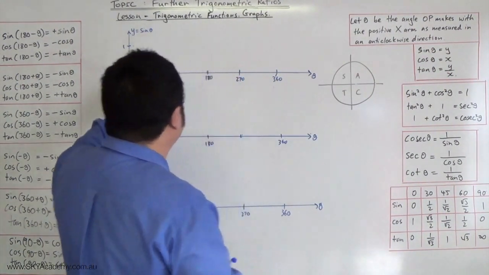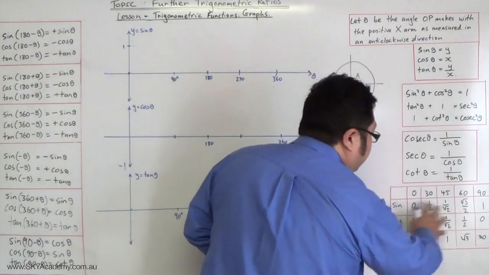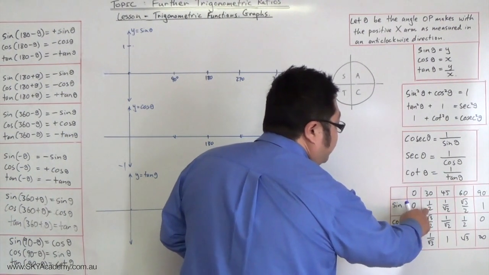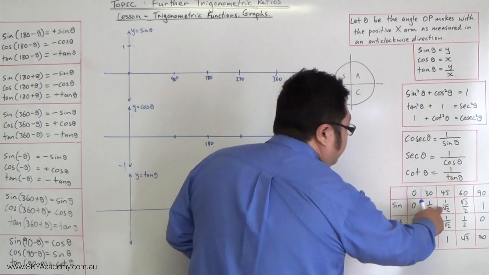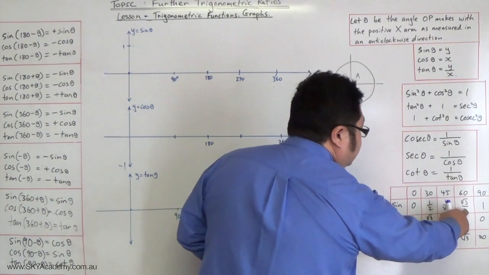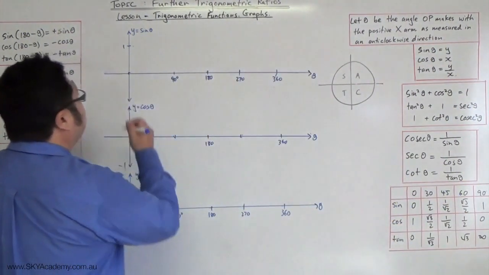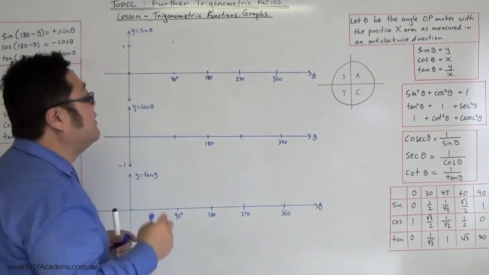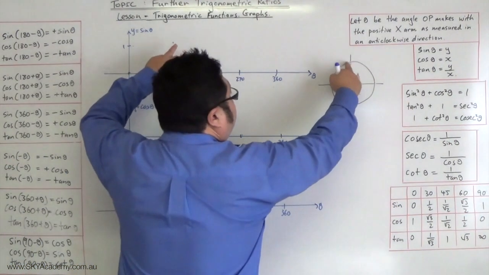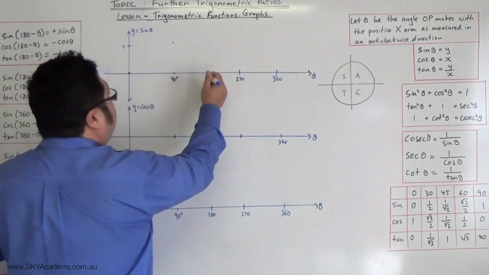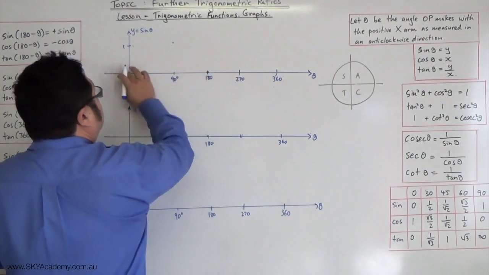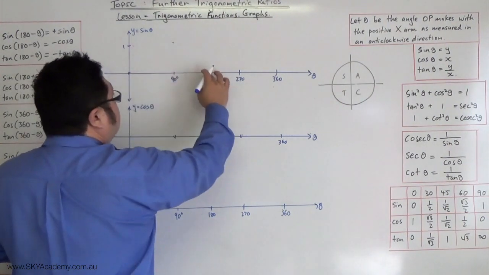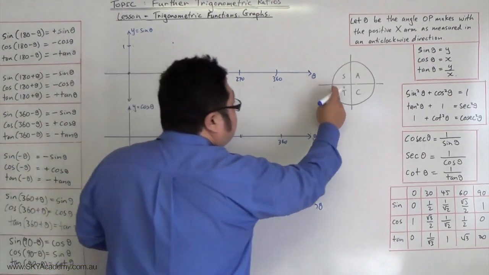So from 0 to 90, we've got our exact values here. Sine theta goes from 0 to a half at 30 degrees, to 1 on root 2 at 45 degrees, root 3 on 2 at 60 degrees, and 1 at 90 degrees. So it starts at 0, goes all the way to 1, doesn't go beyond 1, and then from 1 the height drops back down to 0 at 180, and then it starts going negative.